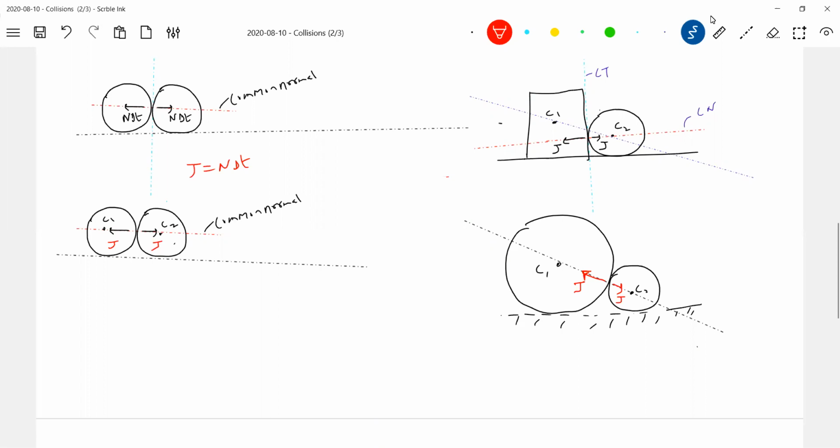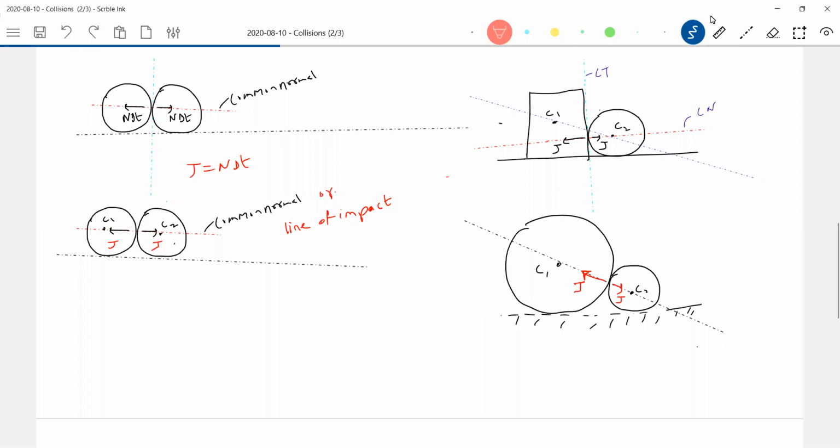Here it's not possible. So for this common normal, I'll give one more very good name: line of impact. Is it okay? Line of impact. The direction along which the impulse acts is called the line of impact here.